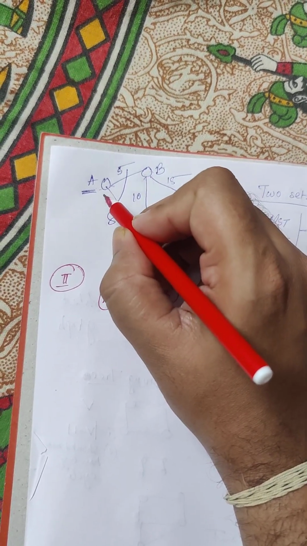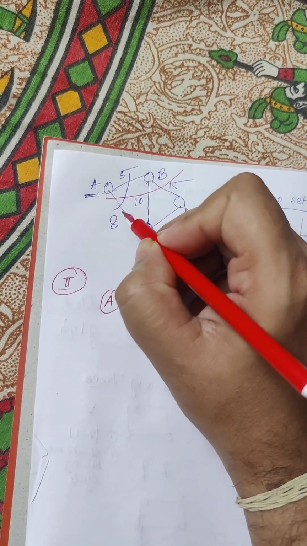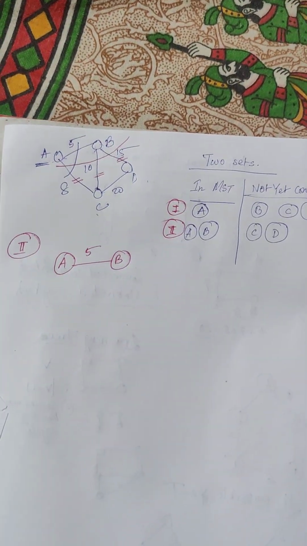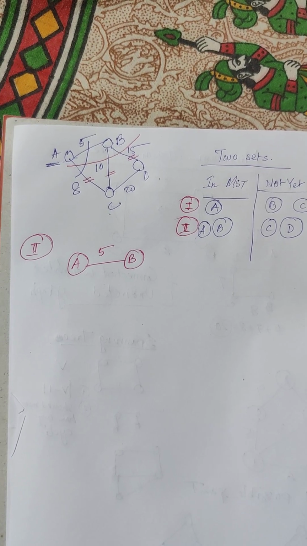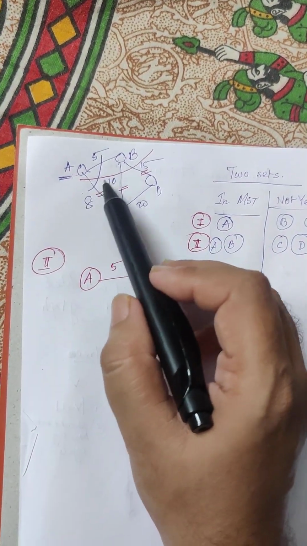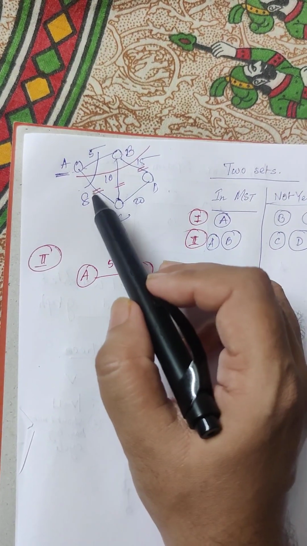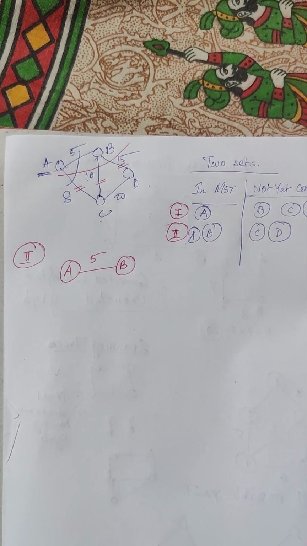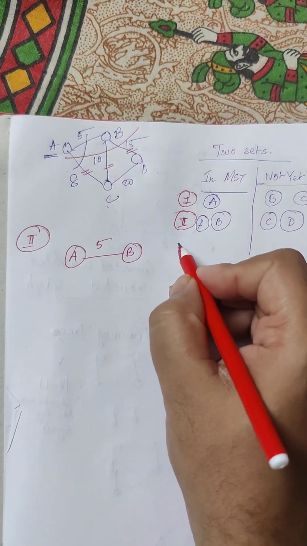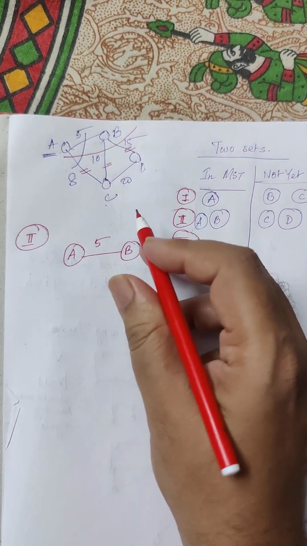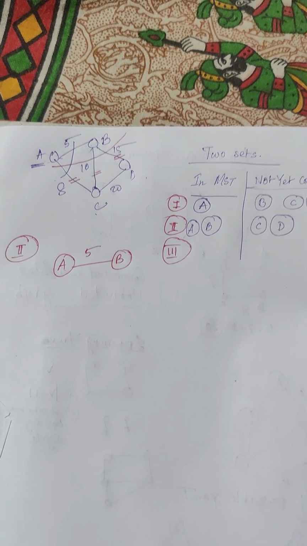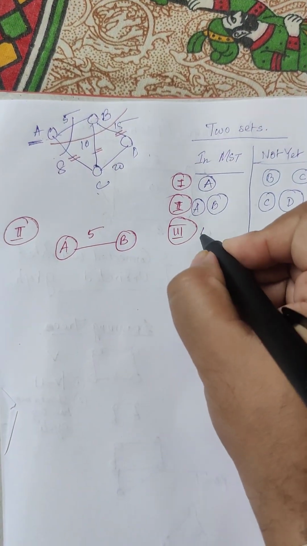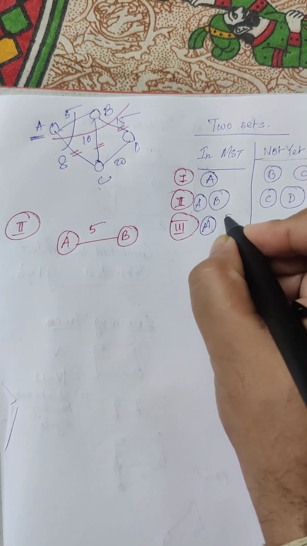This AB has intersection with these three edges, and these three edges have separate weights: 8, 10 and 15. Who has the least out of them? We know that it is none other than 8. So our consideration in the MST is going to be A, B, C.